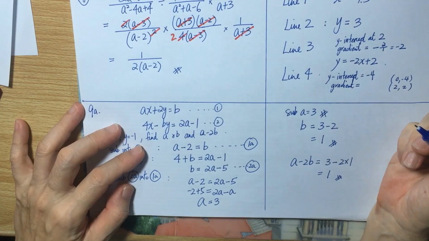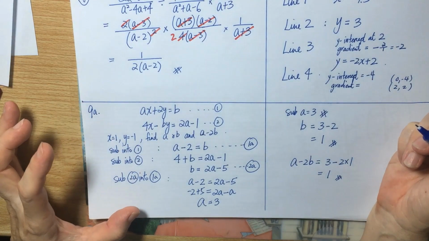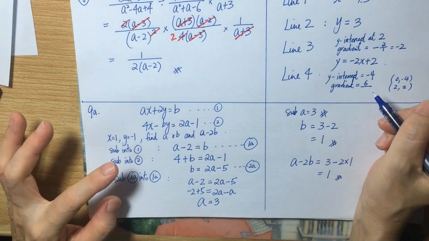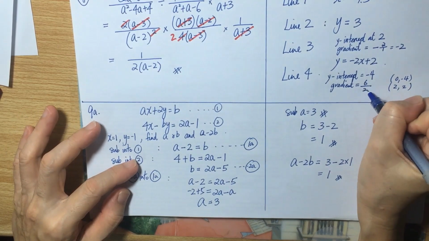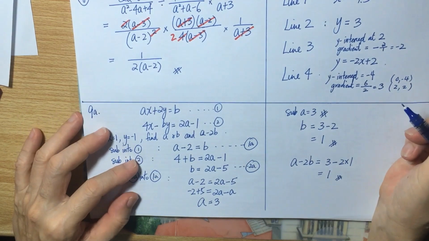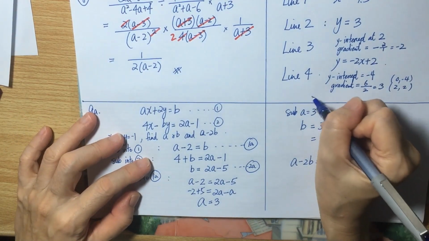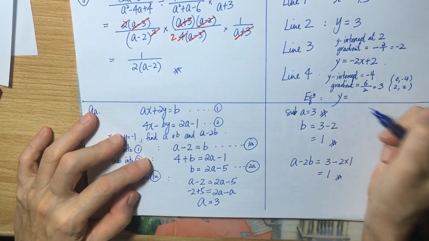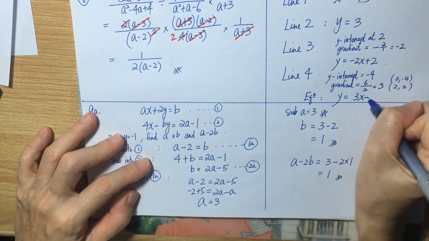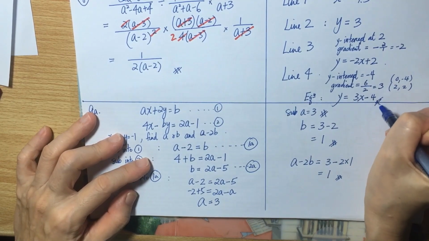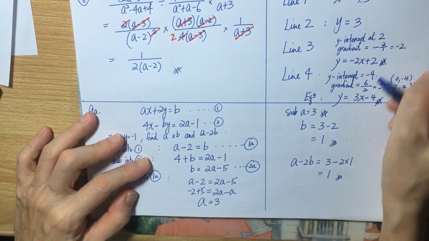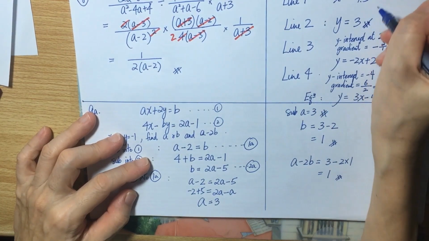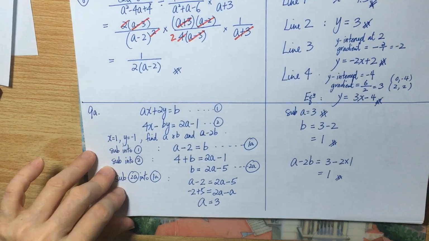Why 3? Because I can see that the vertical increase is 6 and the horizontal increase is 2. So the gradient is 3. So therefore the equation is y equals 3x minus 4. This is the equation for line 4, line 3, line 2, and line 1.